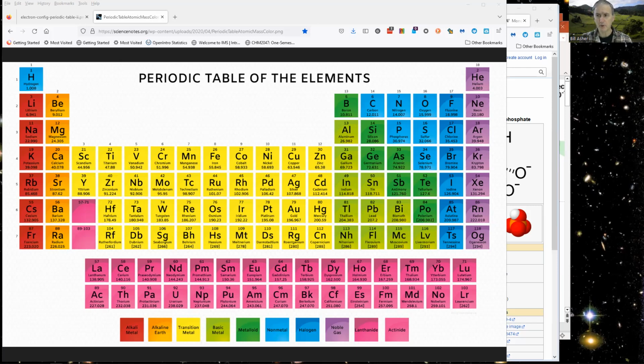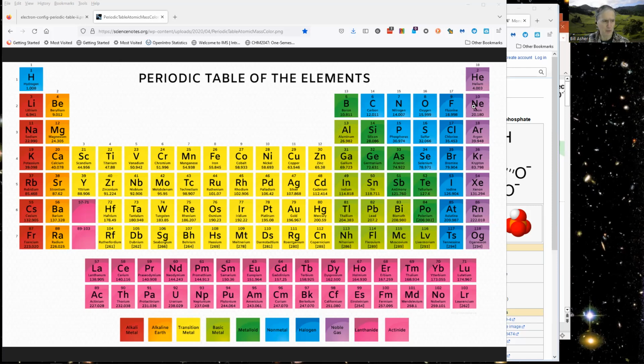So for example, over here, you've got fluorine, chlorine, bromine, all of the halogens, which sit one space to the left of the noble gas in that column. So fluorine is one space left of neon, chlorine is one space left of argon, and so on and so forth.